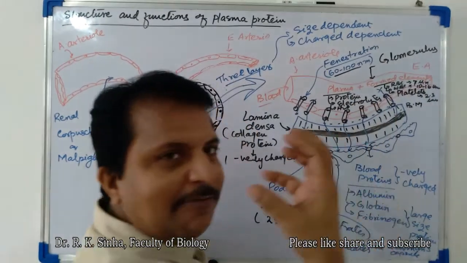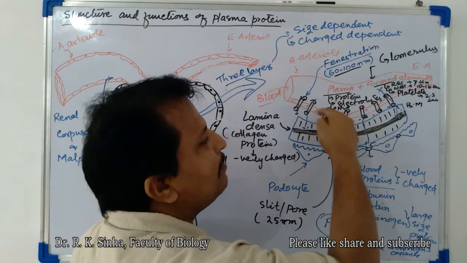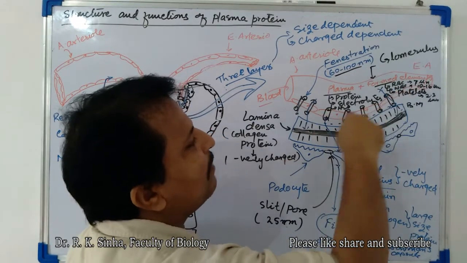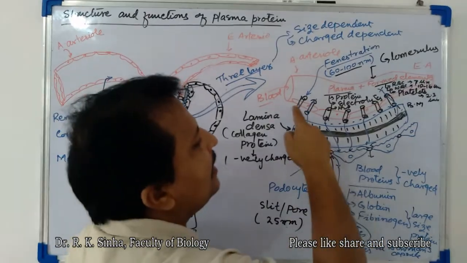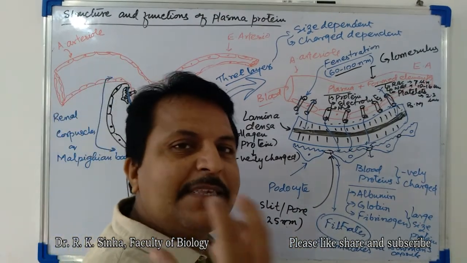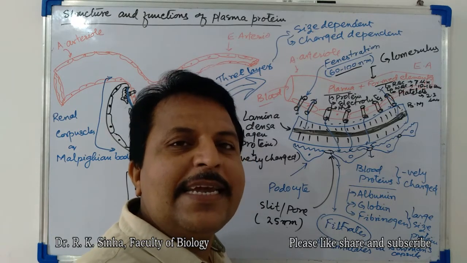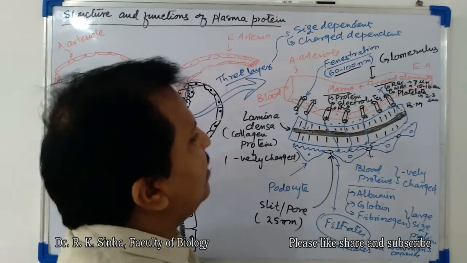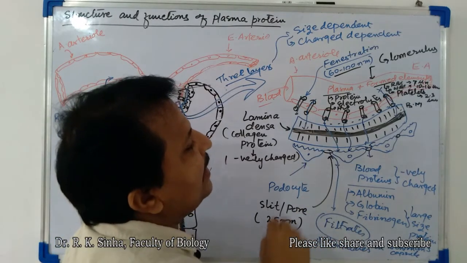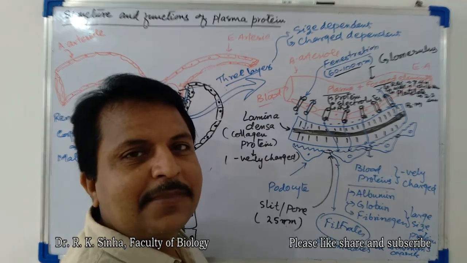So the glomerulus can filter the blood, but the membrane of this glomerulus is perforated, and these perforations are made up of protein, and those proteins are negatively charged. So it can repel the negatively charged particles.